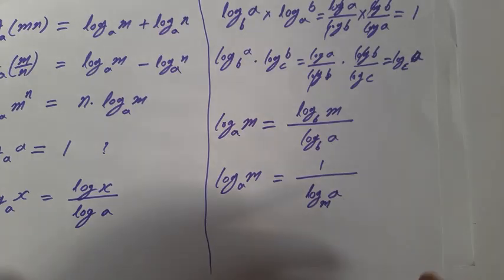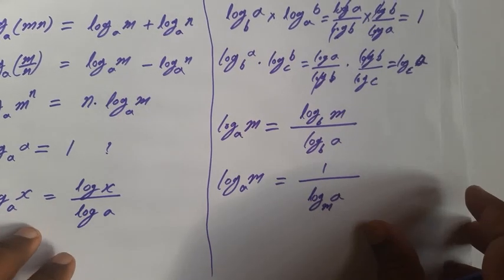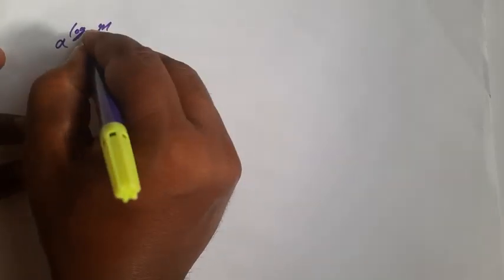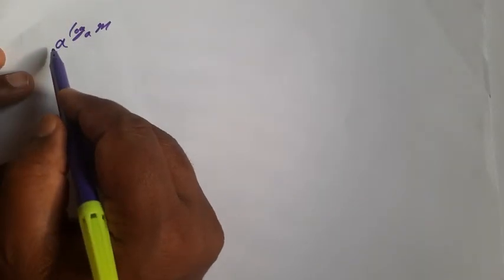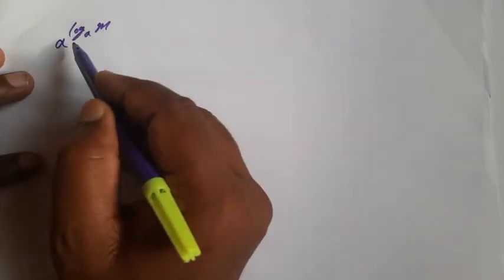And one more we'll discuss. One more log rule, that is the main important. A to the power of log m base a. See, observe. A to the power of log a, both the base and this one are the same.